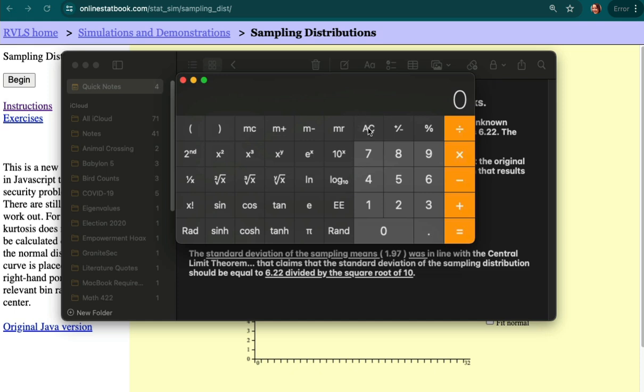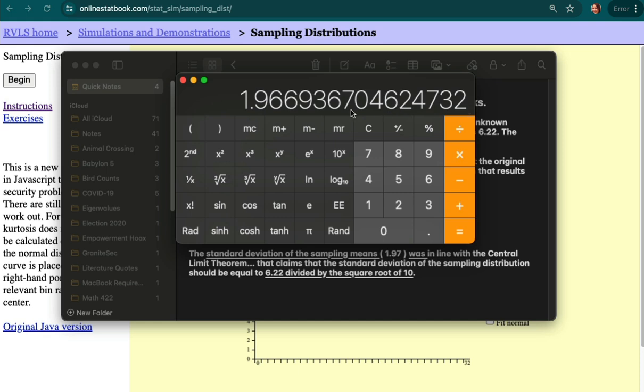So let's check that. So we're going to have 6.22, and I'm going to divide that by the square root of 10. And the way I have to do that on this calculator is I have to type in the 10 first and then hit the square root key. So that's the square root of 10, and I'm going to hit equals. So 6.22 divided by the square root of 10 was 1.9669367 and more decimal values.